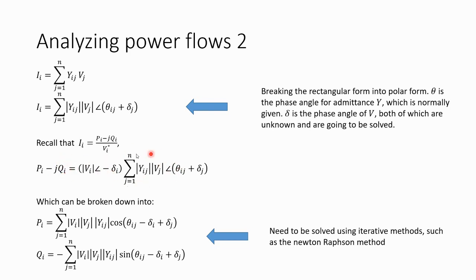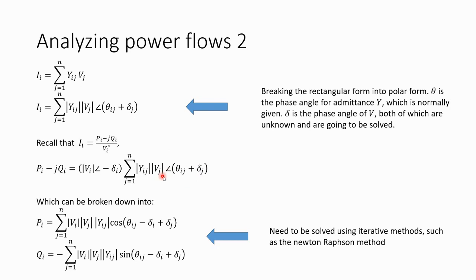And same as this, okay? The polar form can also be broken down into the real and the imaginary part. If you recall from your complex number operations, to break down our polar form into real and imaginary, you have to perform the cosine and the sine operation. Take for example this one. To break this down into cosine and sine operation, you simply take Vi cos negative delta i plus j Vi sine negative delta i.